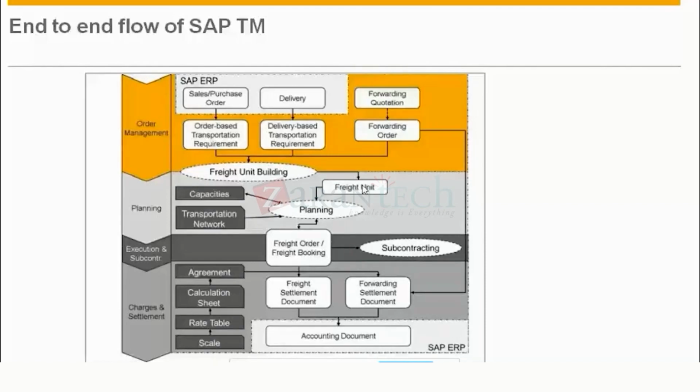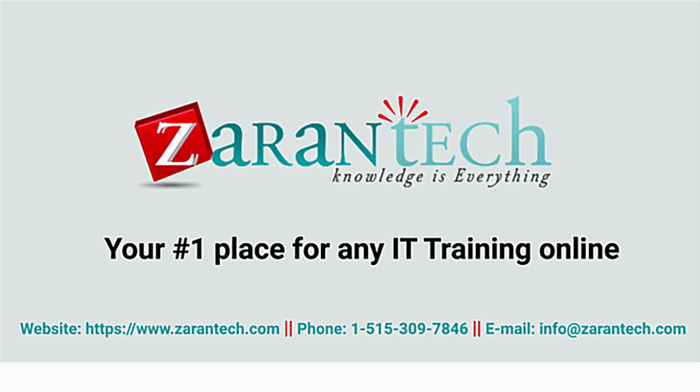Under the planning section, we have freight unit creation required. And this freight unit is also called a planning document because the planning will start once the freight unit gets created. For example, let me show you in the system quickly.